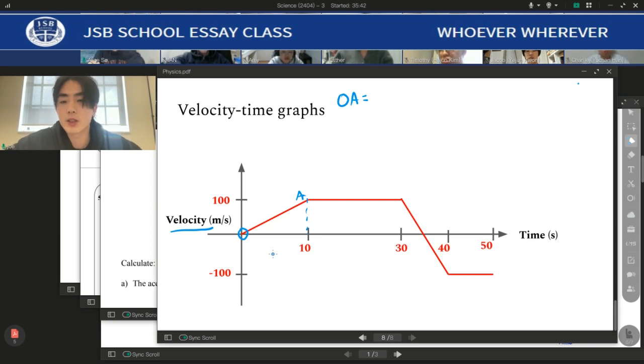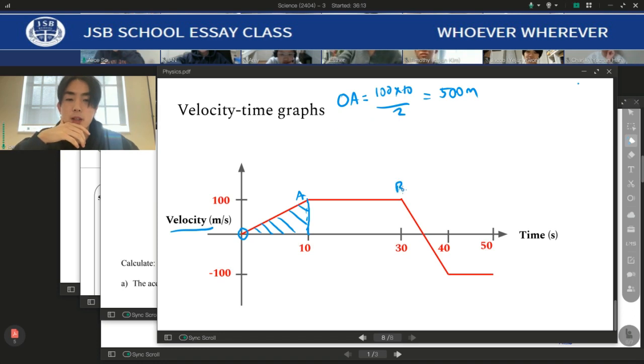I don't know. Okay, so remember the distance is the area, okay? If you look at this area here, this is just a triangle, right? So how do you find the area of a triangle? Multiply by 100, multiply 10, divide 2. Exactly, good. So the distance traveled from O to A is just 500 meters. Okay.